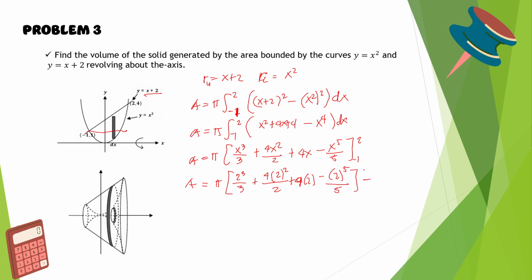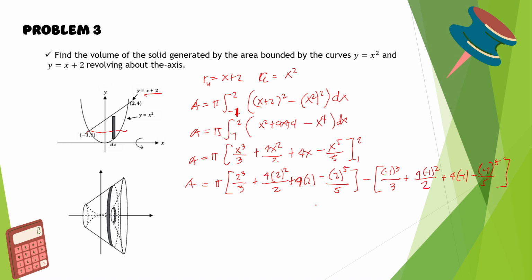Then minus negative 1 cubed over 3 plus 4 times negative 1 squared over 2 plus 4 times negative 1 minus negative 1 raised to 5 over 5.